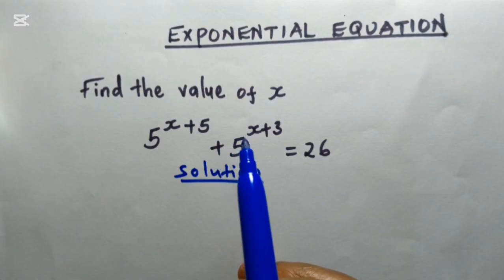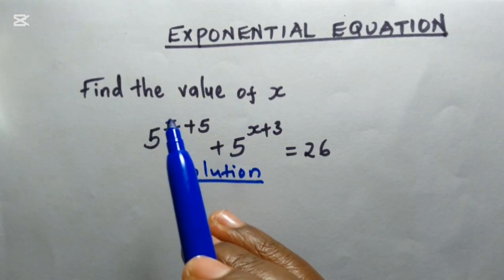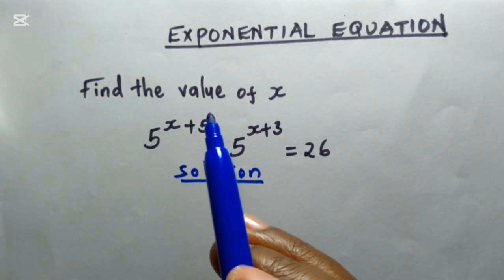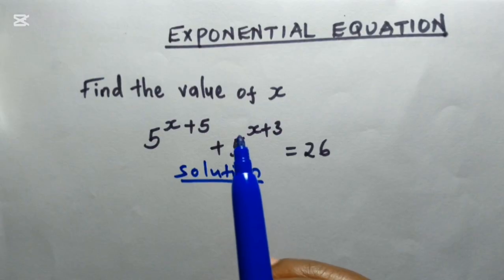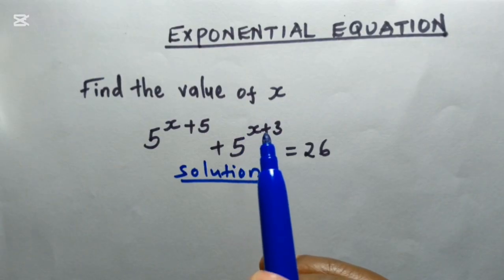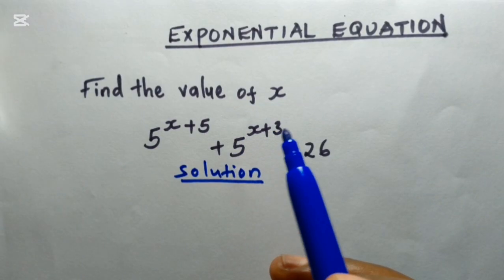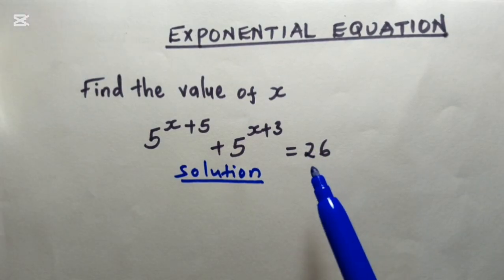That is 5 power x times 5 power 5, plus 5 power x times 5 power 3.